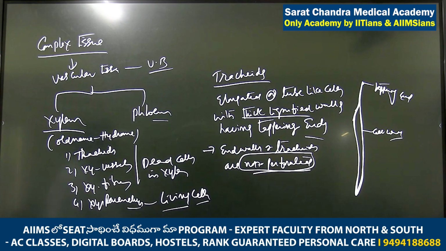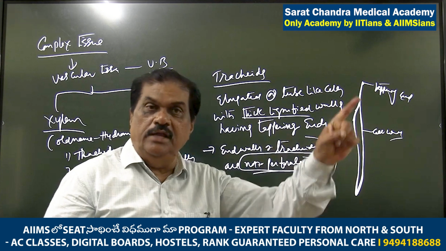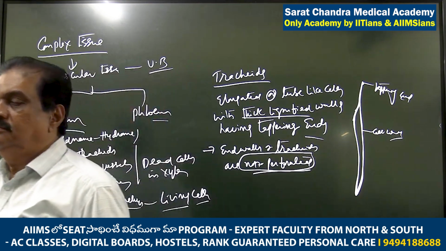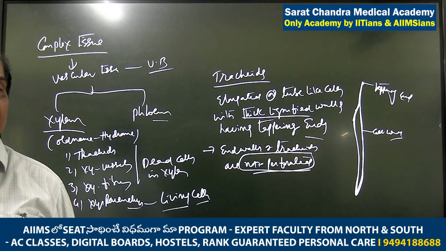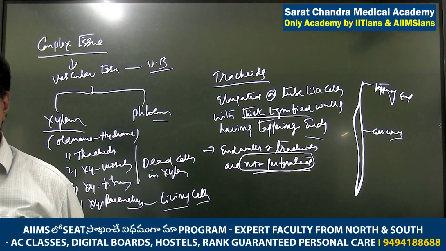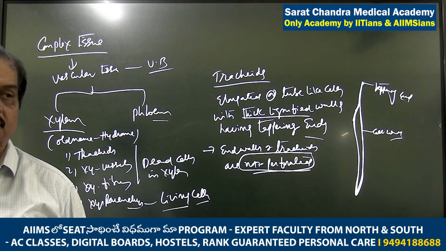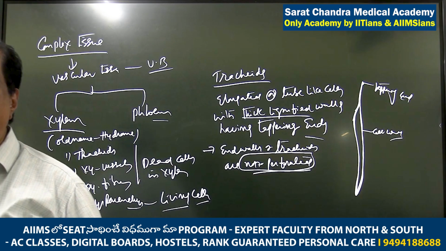Next, another important point. The inner walls of the tracheids show various kinds of thickenings, such as scalariform thickening, reticulate thickening, simple pits, and also bordered pits.